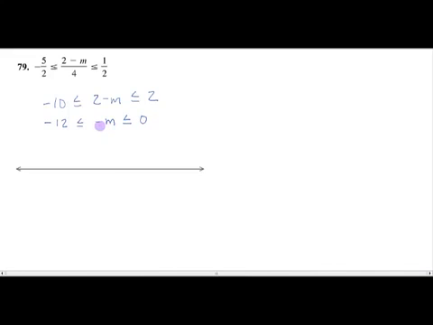Now I need to divide by -1, so that gives me a 12 greater than or equal to m greater than or equal to 0. And again, this is backwards. So I'm going to pick it up and turn it all around just like it was on plexiglass.